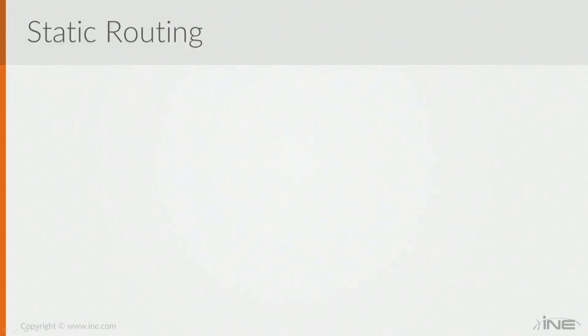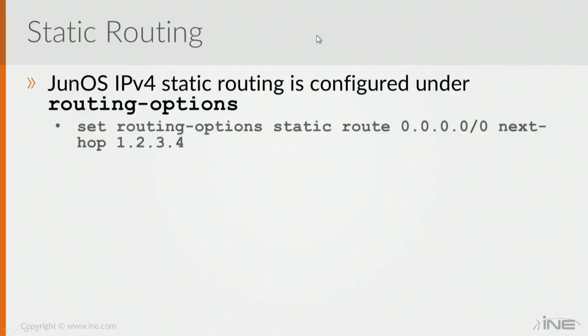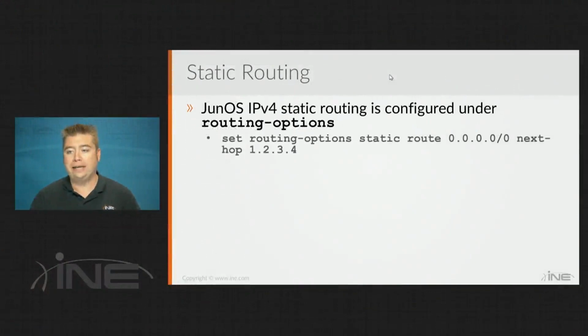Now, in terms of routing, like I mentioned, we're going to come back to IGP and BGP later. But in terms of static routing, this is going to be under configuration mode, under routing-options. So routing options would be things like static routes in this case.